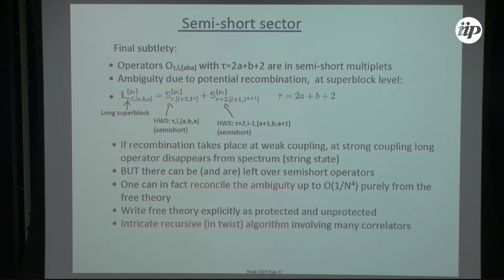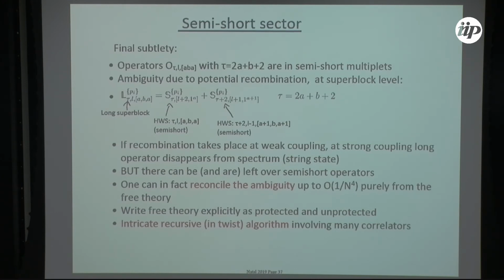If I take a particular short multiplet and add to it another short multiplet with twist 2 more and spin 1 less and some slightly different SU4 charges, then the two things together give you a long superblock.